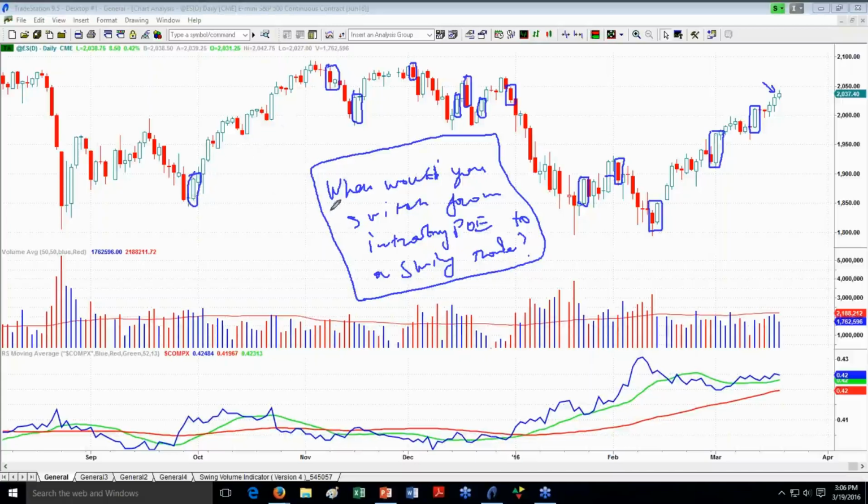So think about looking at all of these reversals. Imagine that you are day trading each day, but at certain spots, you decide whether you're going to switch your day trading to swing trading just because it's going to be more profitable. So what are those spots?